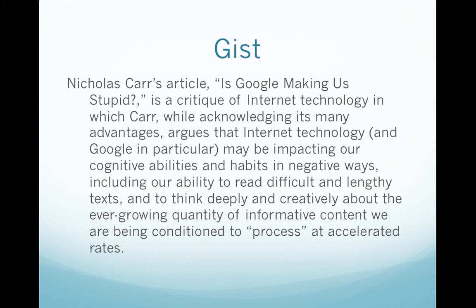Nicholas Carr's article, "Is Google Making Us Stupid?", is a critique of internet technology in which Carr, while acknowledging its many advantages, argues that internet technology, and Google in particular, may be impacting our cognitive abilities and habits in negative ways, including our ability to read difficult and lengthy texts and to think deeply and creatively about the ever-growing quantity of informative content we are being conditioned to process at accelerated rates.